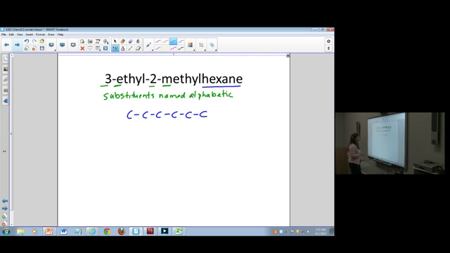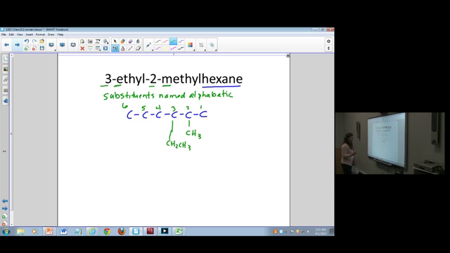So it's named according to its alphabetical order. All right, so let's see. Let me number backwards just for fun, just so you can see. This will be 5 and 6, and therefore I'll have an ethyl group, CH2CH3, on carbon 3, and on carbon 2, I'll have a methyl group, CH3.